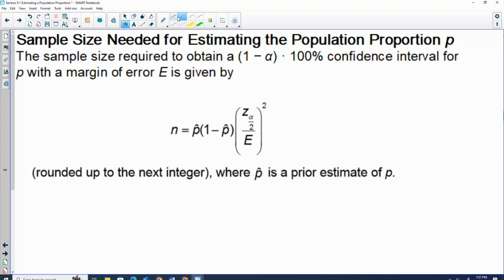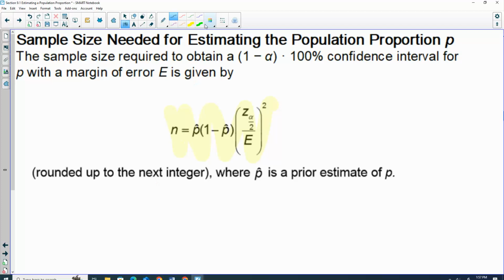I am not going to show you where this formula comes from. It's a bit confusing in the why. It comes from the confidence intervals, but it works backwards to tell us the number we would have to have in our sample to have a certain confidence level.